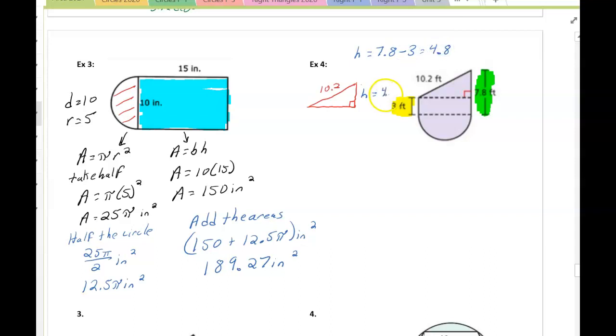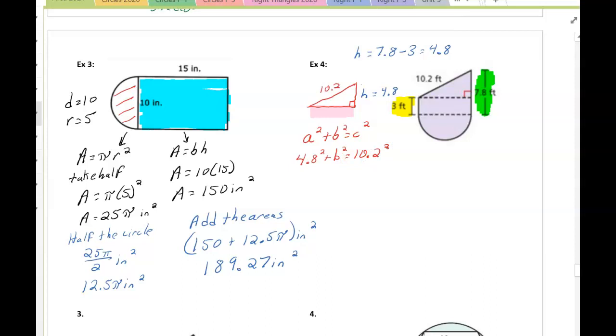So the first thing I needed to do is figure out the height of the triangle. Then the next step is I need to figure out the base of the triangle, which is this bottom piece that I just highlighted in pink. We know that a squared plus b squared is equal to c squared for right triangles using the Pythagorean theorem. So I can say 4.8 squared plus b squared is equal to 10.2 squared.